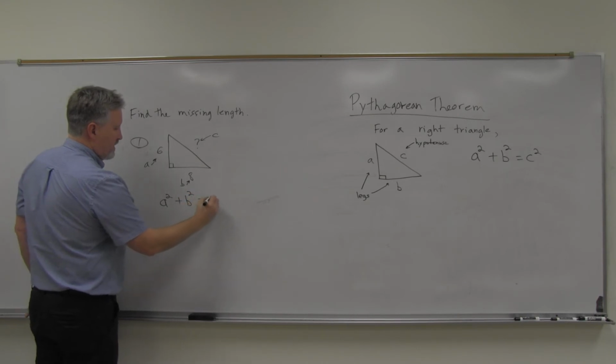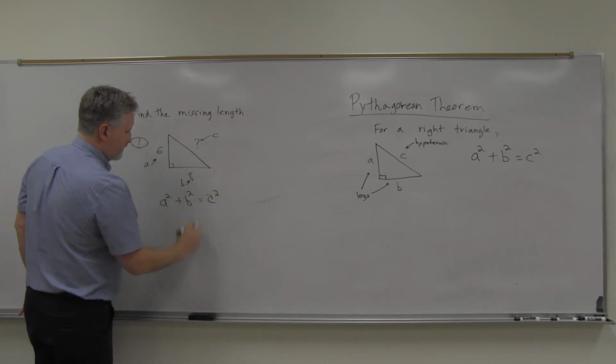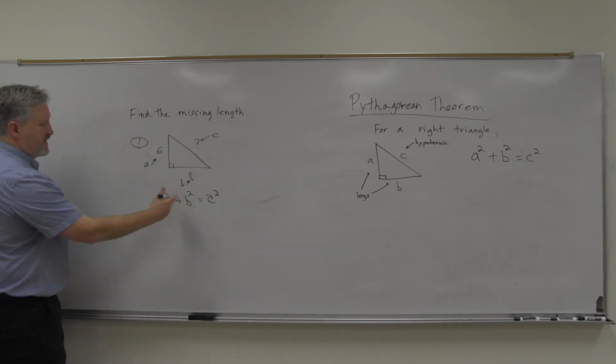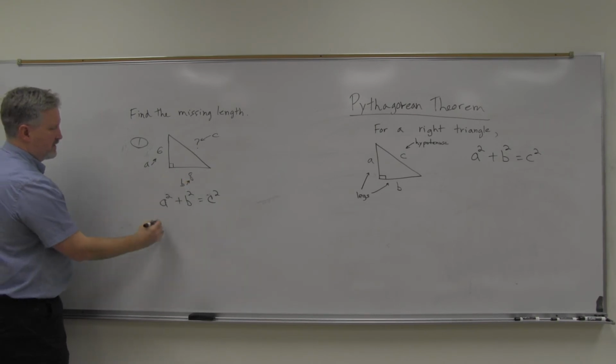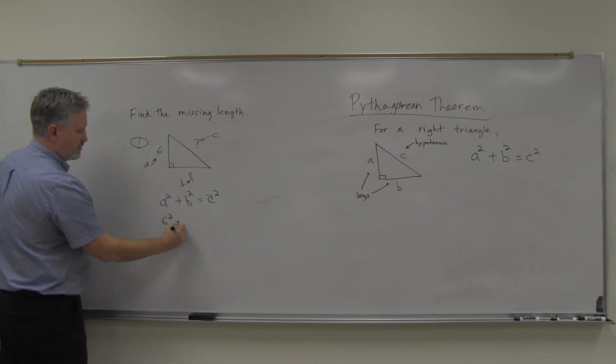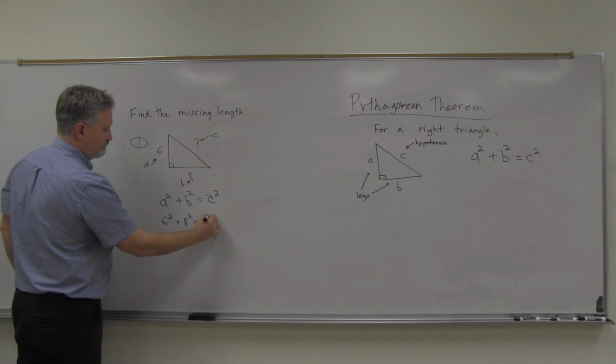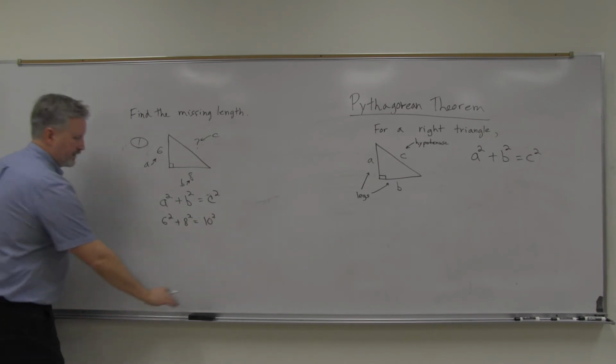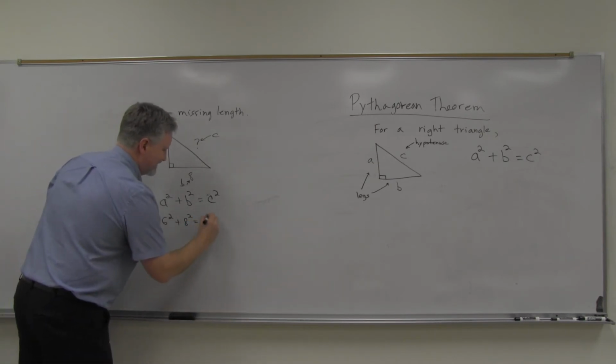To find c, we plug those into the Pythagorean theorem, so the squares of those added together equal c squared. 6 squared plus 8 squared is, I'm sorry, c squared.